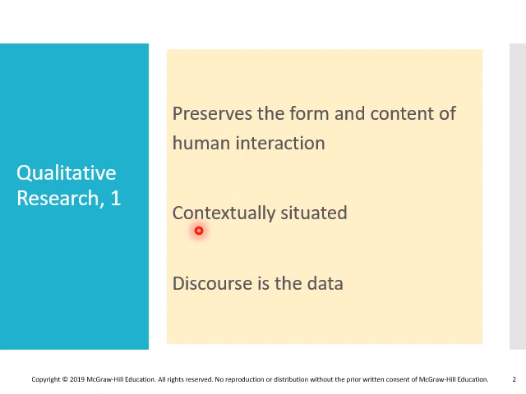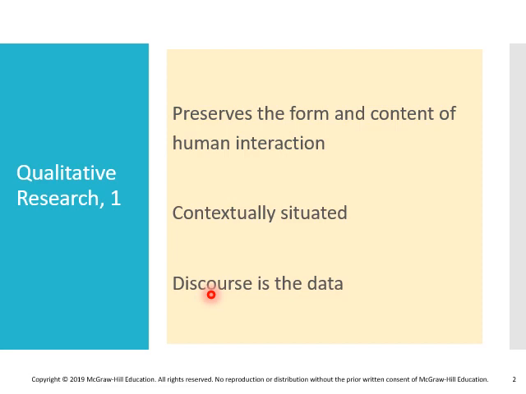So context is extremely key. Participants typically are not taken out of their context to study their conversations. Rather, the qualitative researcher enters into that natural environment, of course, with the participants' permission, to study, to understand the interactions that take place in that specific context.